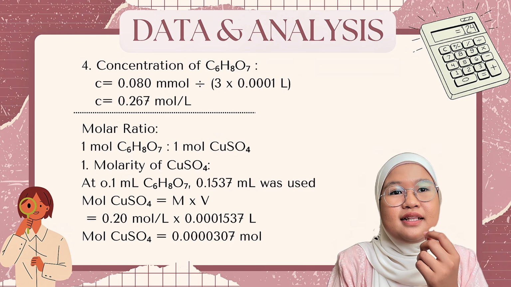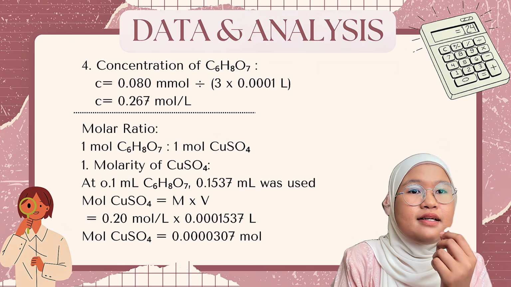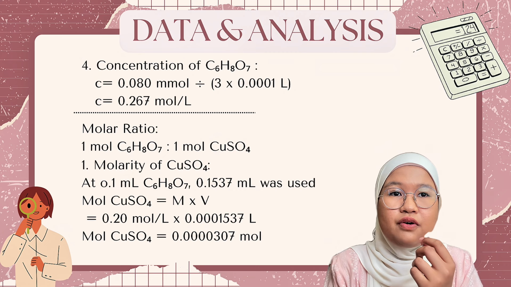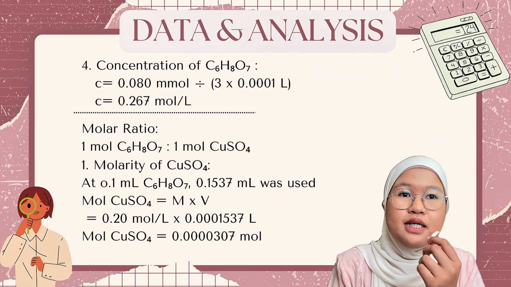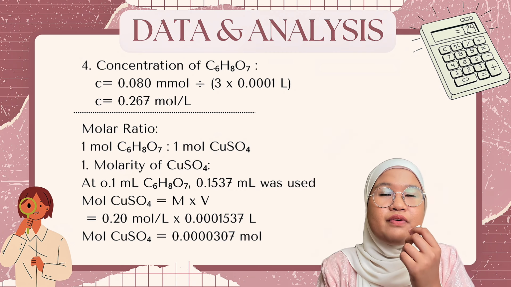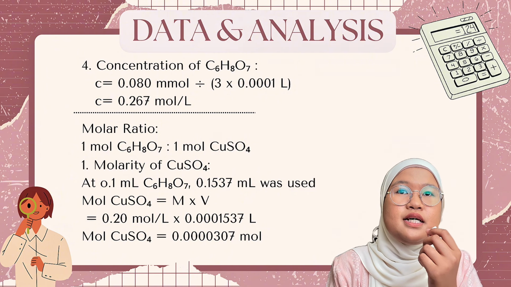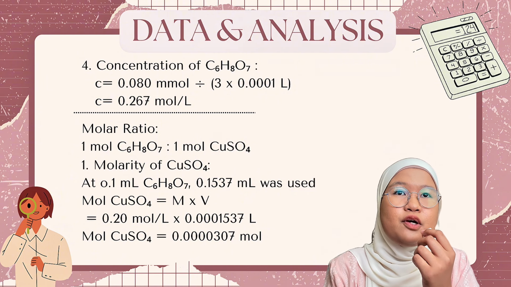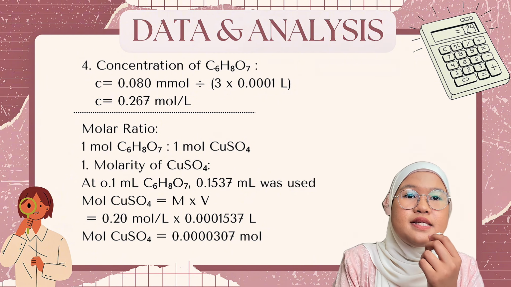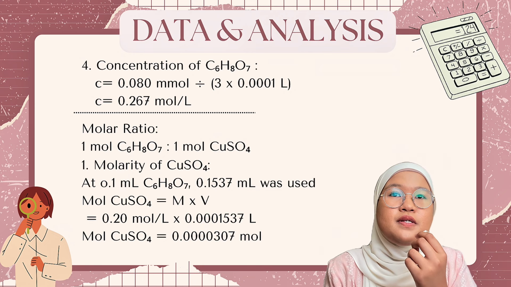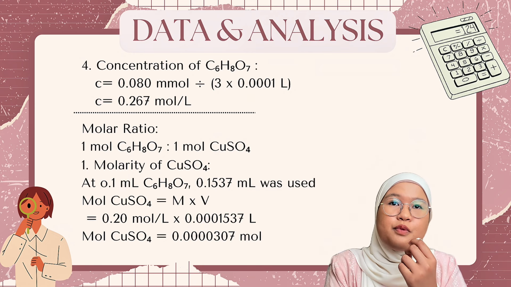Next, we will find the concentration of citric acid that reacts with the CuSO4. We will use the same steps as before. So first, we find the molar ratio, which is 1 mole of citric acid requires 1 mole of copper sulfate. And then, we proceed to find the molarity of copper sulfate.